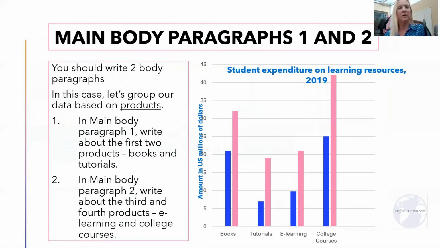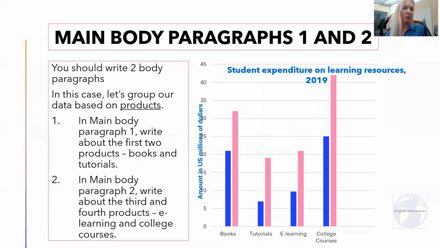So let's move on to the main body paragraphs. You should write 2 body paragraphs, and for each paragraph, we need to group our information. There are 2 options in this particular graph.